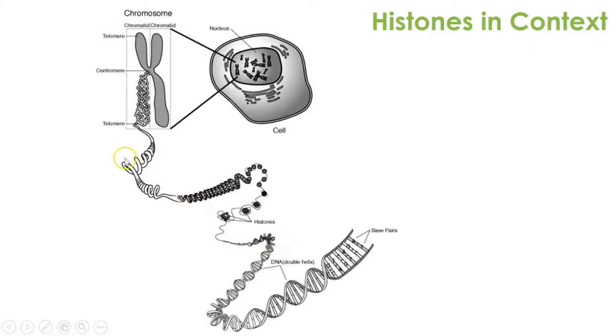How does it get into this knitted shape? Well, it gets into the knitted shape by being wrapped around these histone proteins. So there's not just one of them, there's many, many, many. There will be millions or hundreds of millions of individual histone proteins for one chromatid. And they're holding the DNA into that classic chromosome shape.